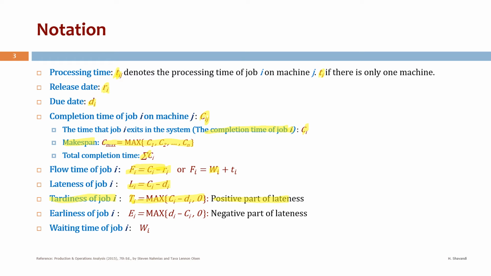Earliness, if we complete the job earlier than the due date, will be the negative part of lateness. To have a positive number here, we define it as the maximum between Di minus Ci and 0. And the waiting time will be Wi.